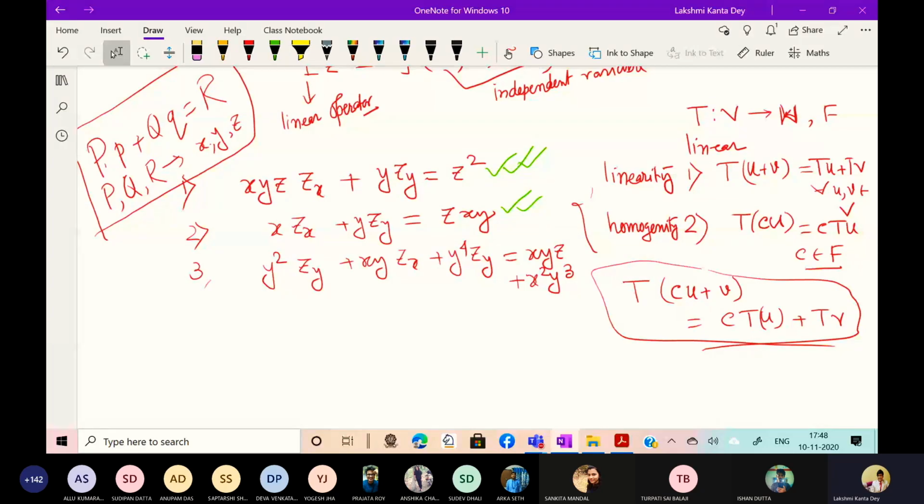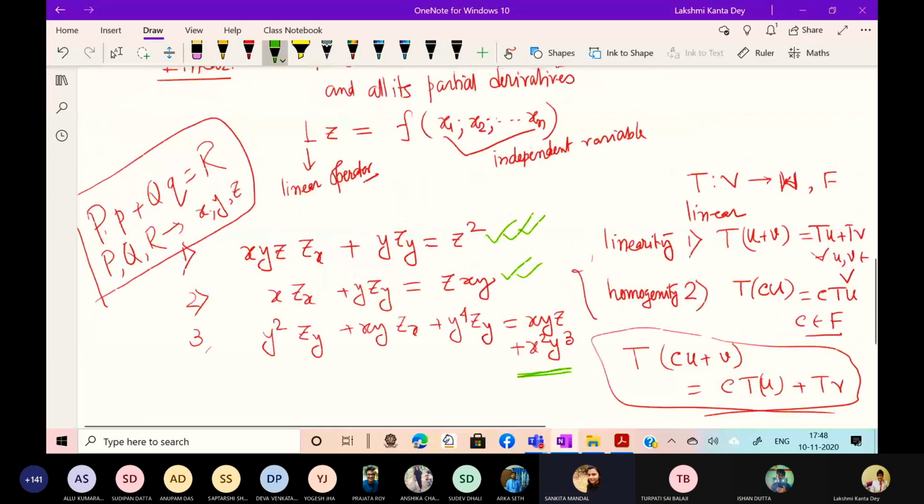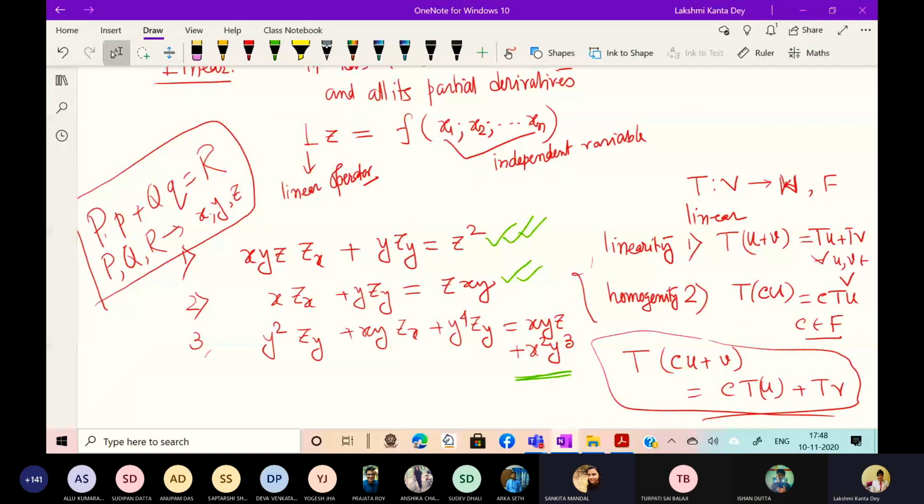You can say this is linear or not. Tell me. Sir, can you please explain the last point, the definition, once again? Okay. If a given partial differential equation can be written as some linear operator L, this linear operator has to satisfy linearity.